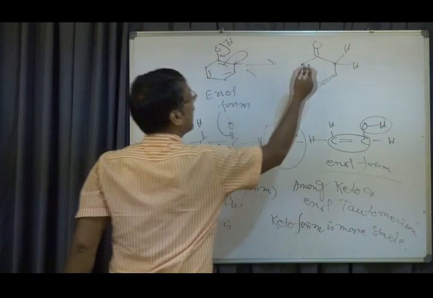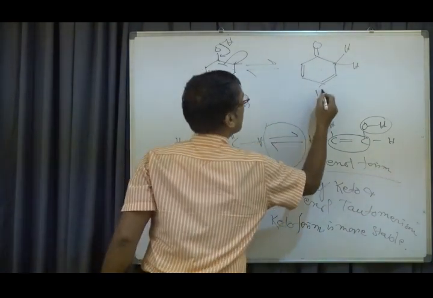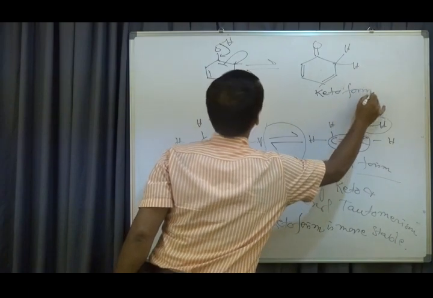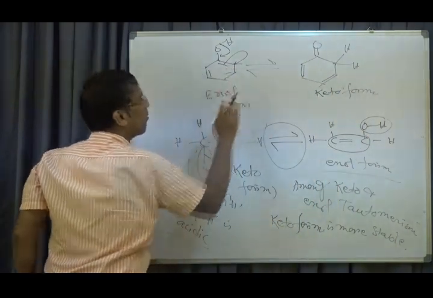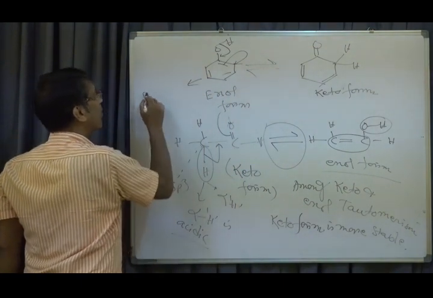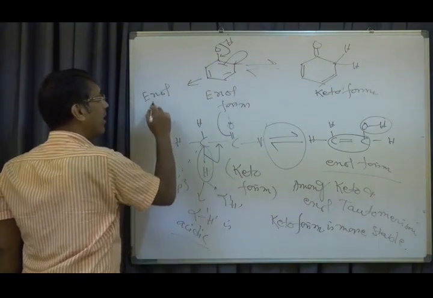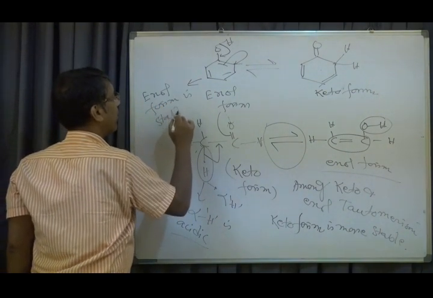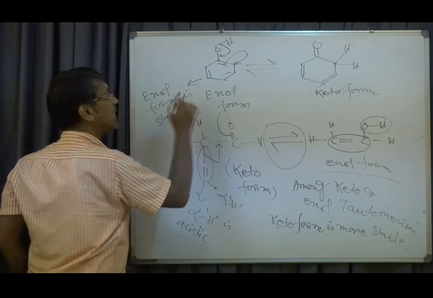As a result, we get this structure. It is the keto form, and it is the enol form. Among these, the enol form is stable.